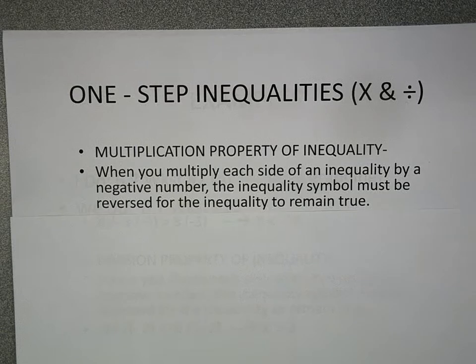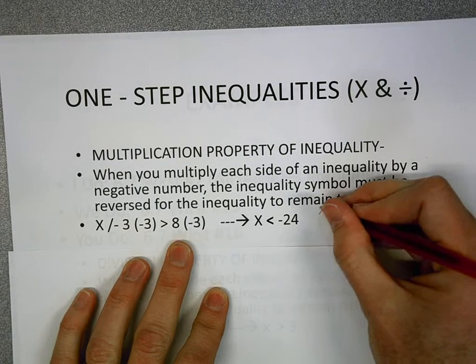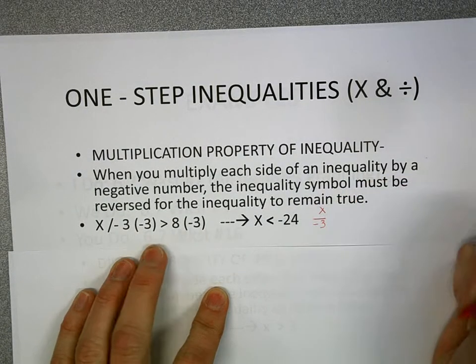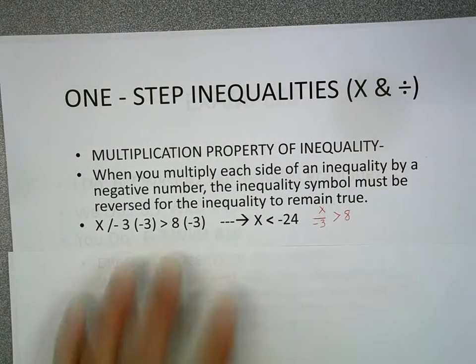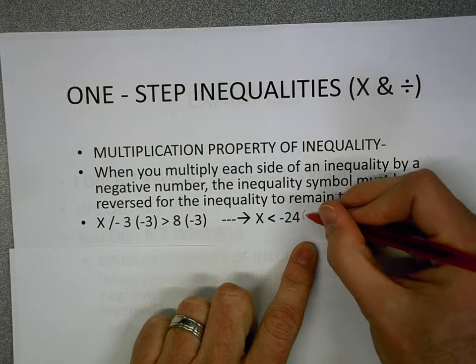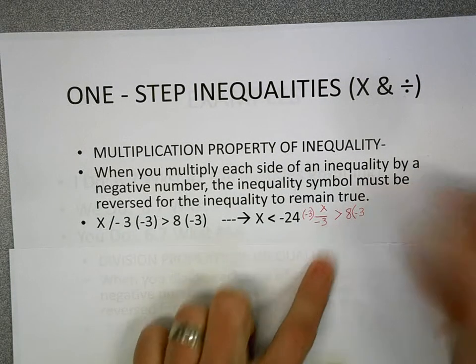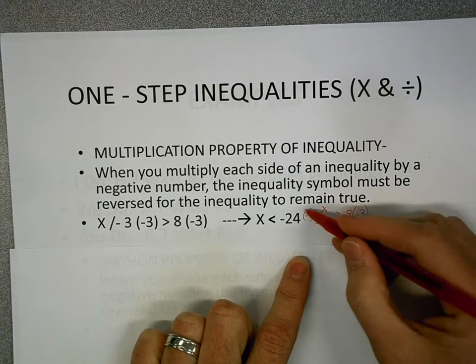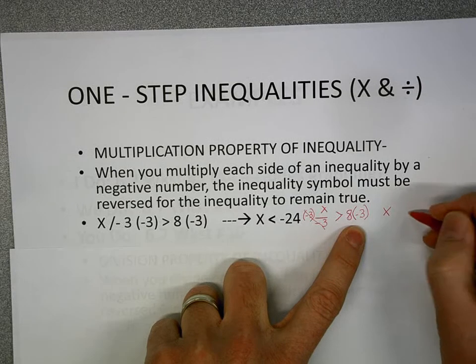For example, I'd rather you write it with me. If we have a problem like, in your little box, x divided by negative 3 is greater than 8, if you multiply this side by a negative number and this side by a negative number, those cancel out. We still end up with x, and 8 times negative 3 is negative 24.